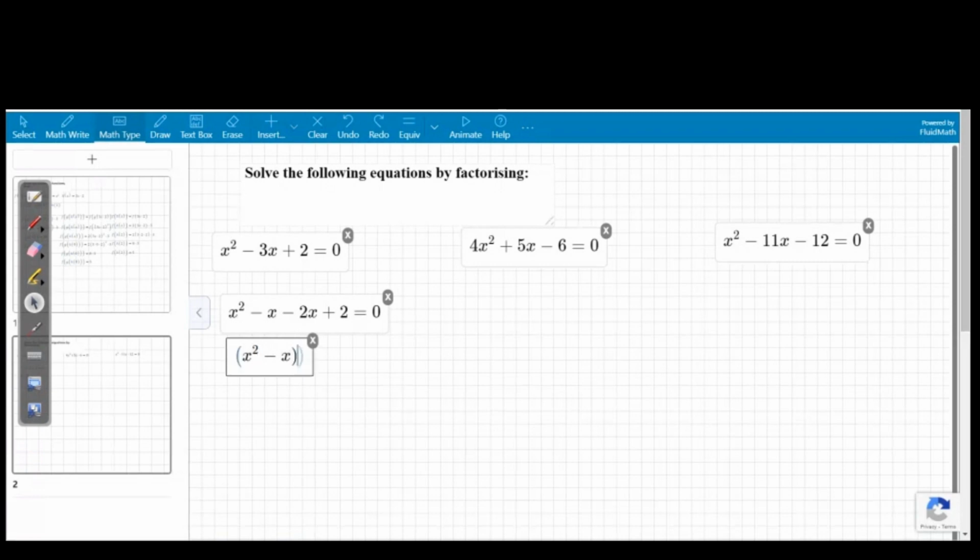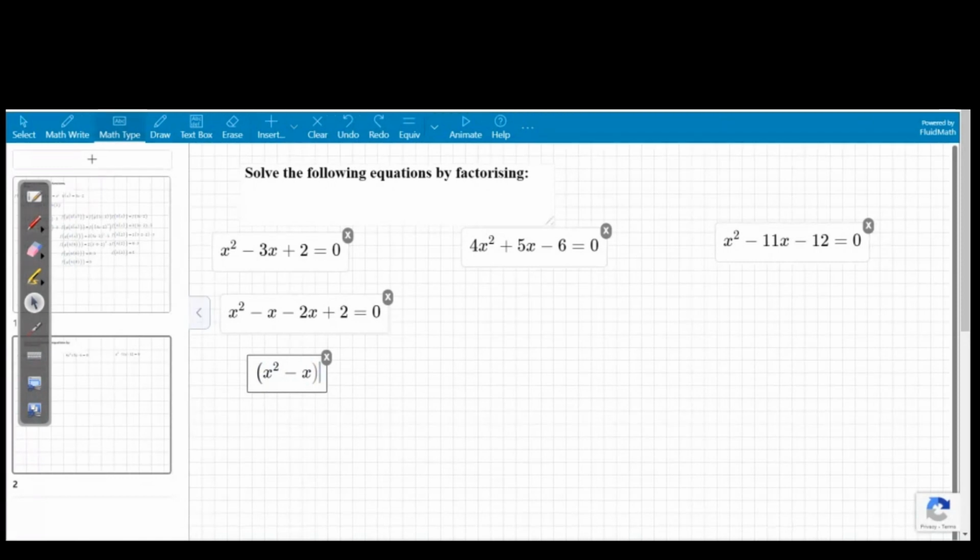Let me do it again. Let me introduce the bracket first: x raised to the power 2, then minus x.